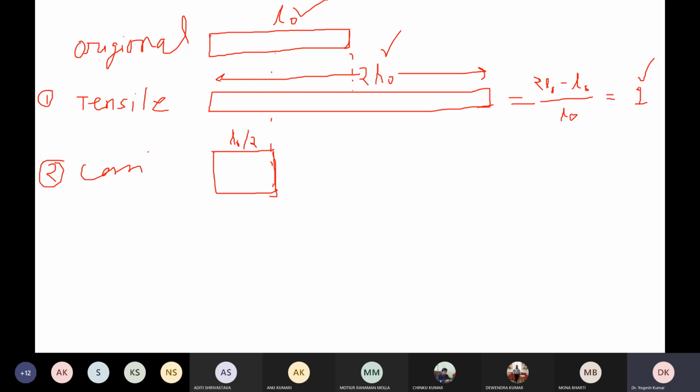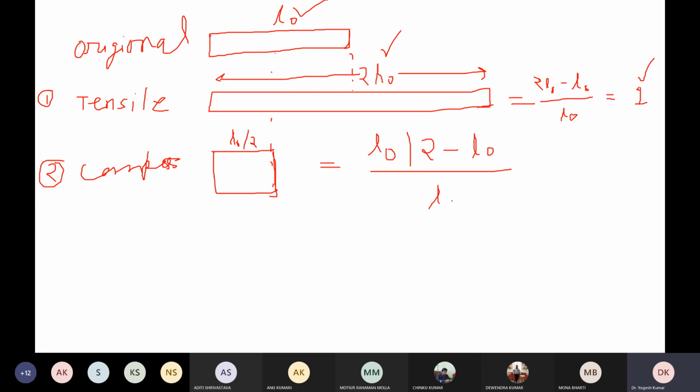While in the case of the compression test, the final length of your test specimen is L0/2, minus the original length L0, divided by L0.